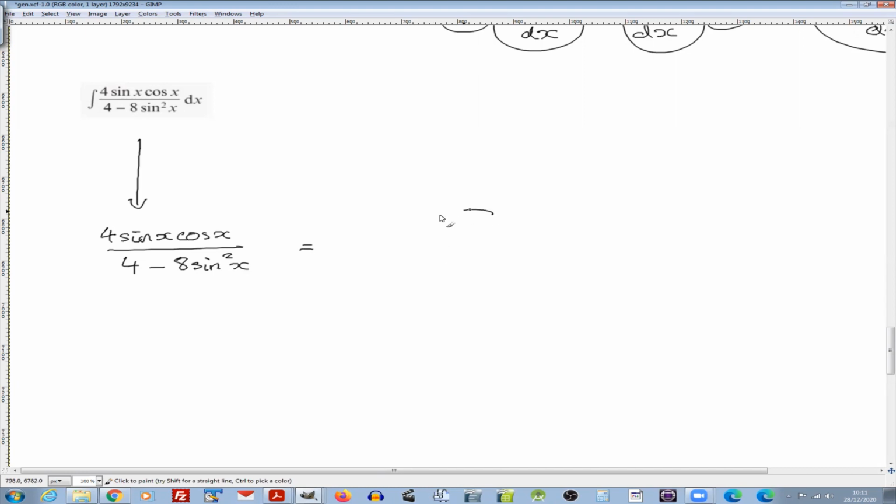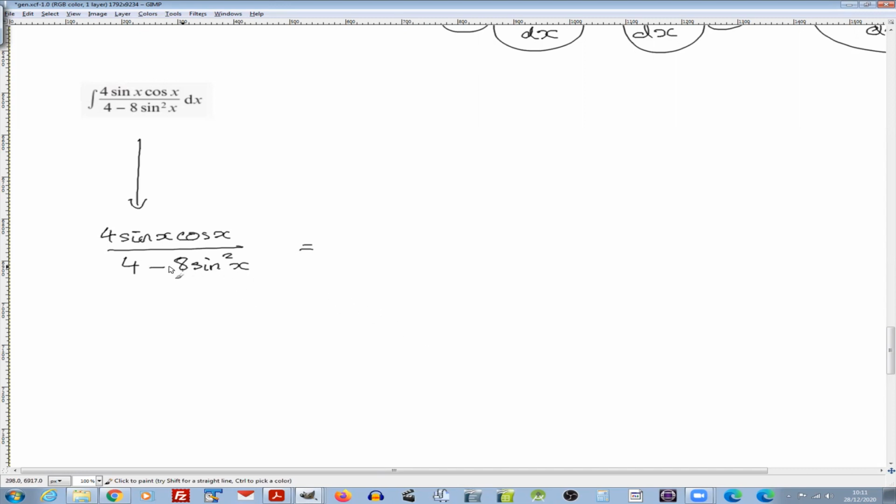So if we've got an outer function and an inner function, what do we suspect is the inner function? The u. Yeah. Inner function is just going to be sine x. Can I just put it as sine x?